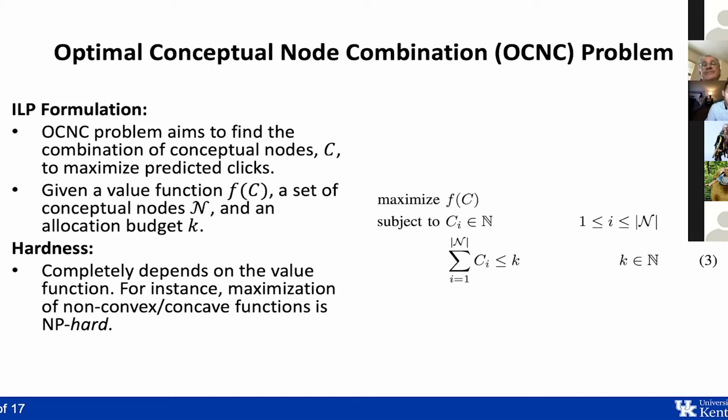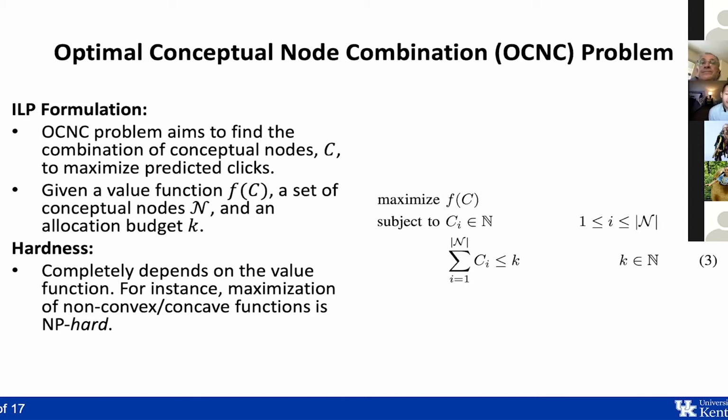What combination of conceptual nodes should you instantiate in order to maximize your objective function with this budgetary constraint in mind? This goes back to the CTR maximization problem that I mentioned at the start of the presentation. So this is essentially what we're interested in.